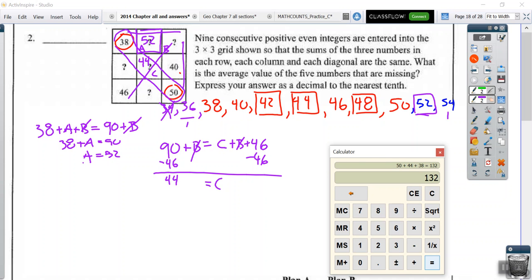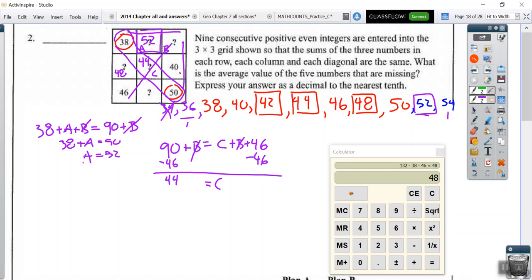stop, right? So let's do that first row, that first column, I'm sorry, the up and down column. So 38, so I'm going to subtract out 38, and then I'm going to subtract 46, and I get 48. Okay, so we've discovered the 48, but we already know that 48 is going to be in there.